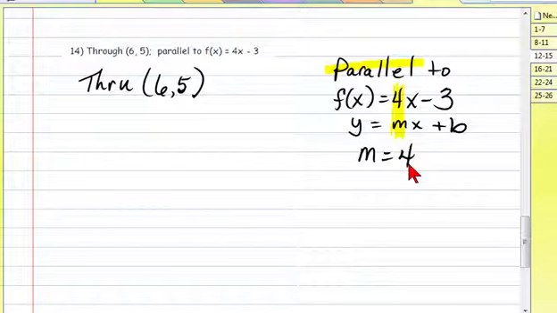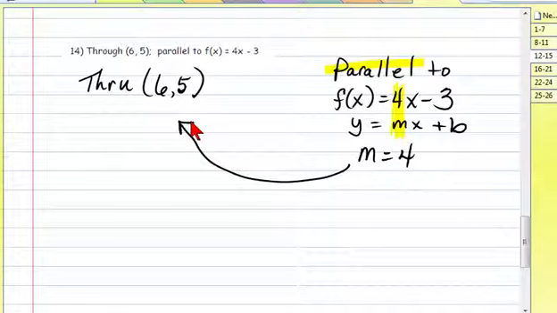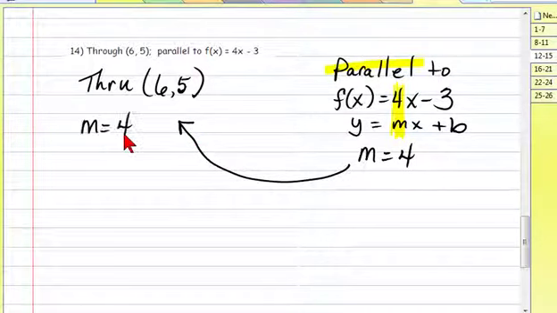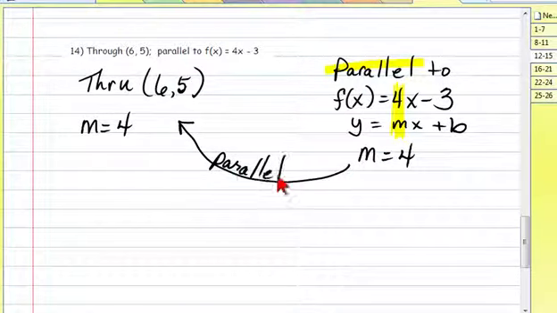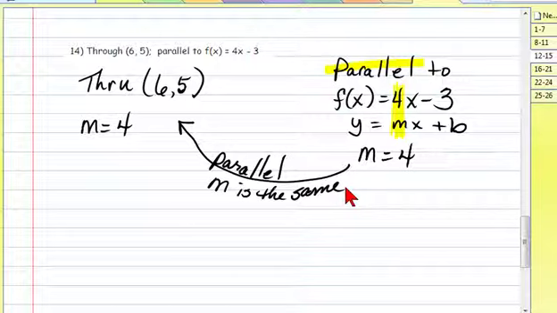Well, if m is 4 in that line, what's the slope of my line? It is also 4. Parallel, yes, m is the same. Perpendicular, it would be opposite in sign and reciprocal, two changes, opposite and reciprocal, but this one is parallel.